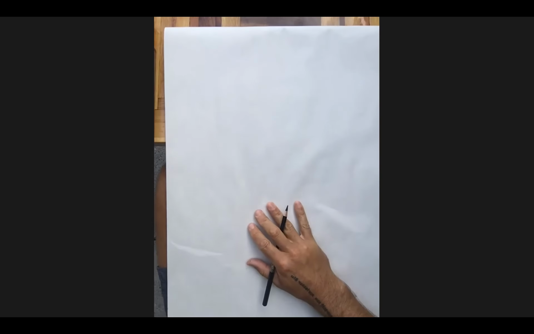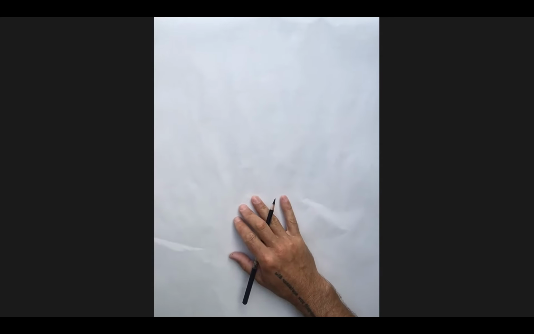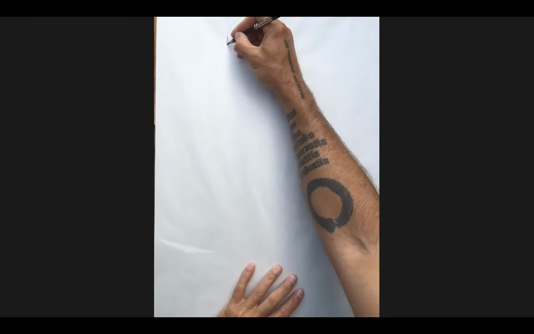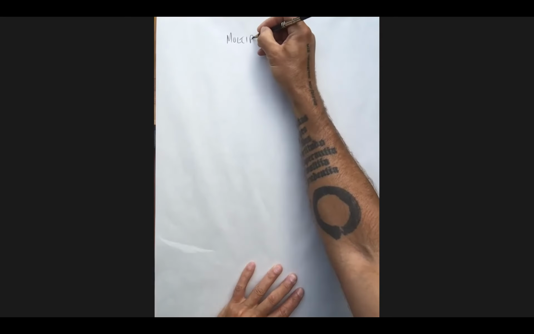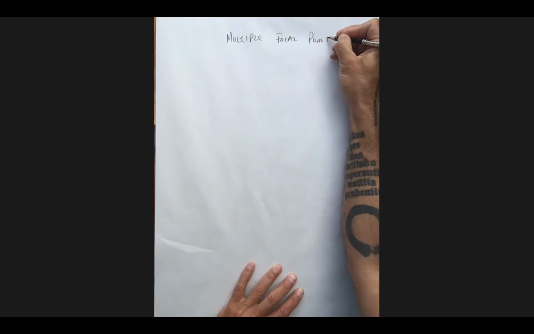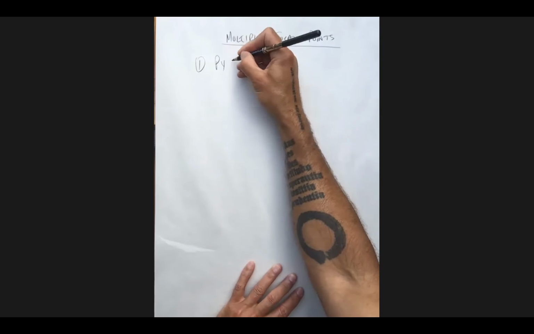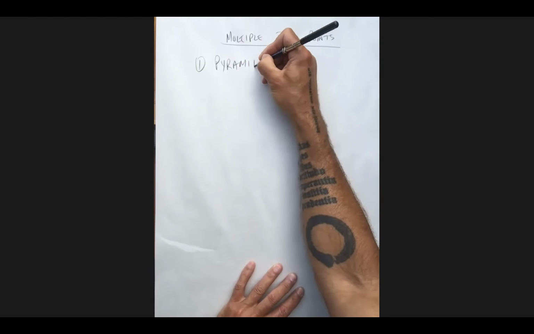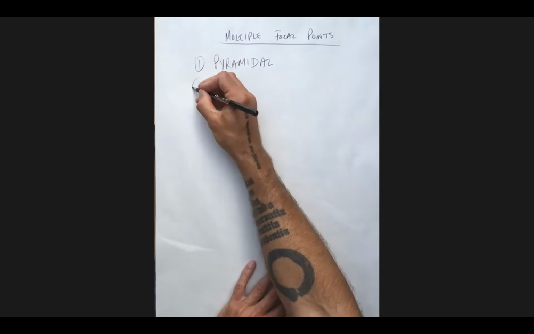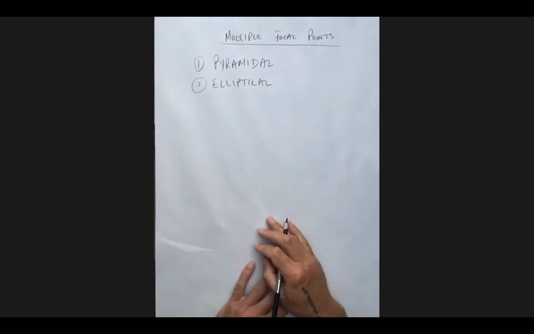There's two different kinds of this, neither of which we've done up until this point. One is what we'll refer to as a pyramidal structure. And the other one is an elliptical structure.